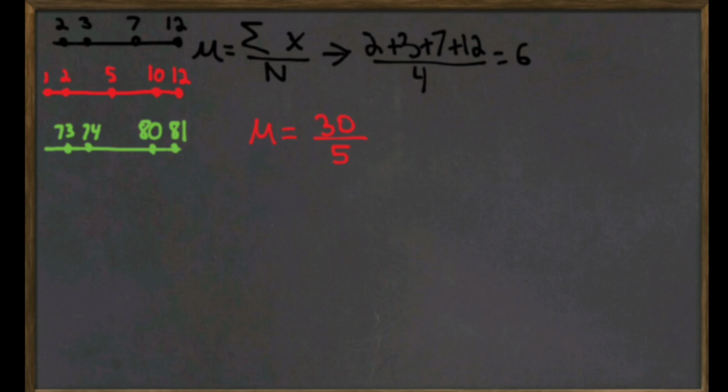So N is now 5 instead of 4, and we still get a mean of 6. For the green set, I believe this is 348. Again, feel free to verify that. And this is divided by 4, which gives us 77. Okay, so now we have one way to talk about the middle of our data.